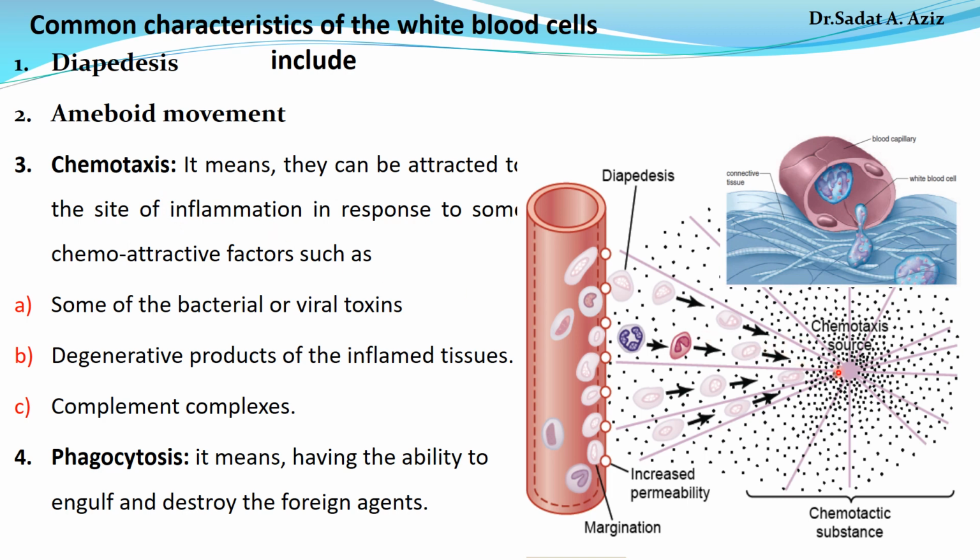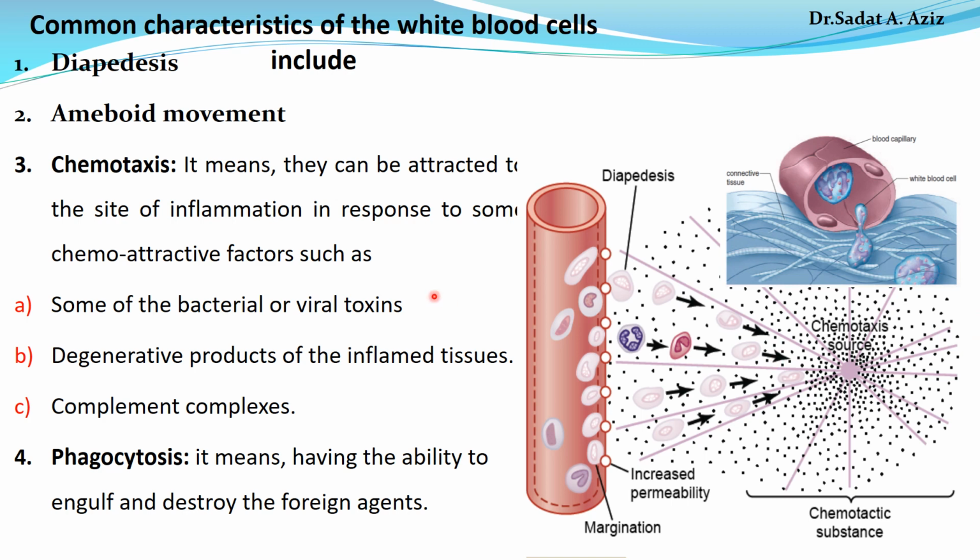Or at the site of an injury or infection, we have degenerative products of the inflamed tissues. Normally the cells are undergoing lysis, and this leads to the release of the structural contents of the cells, and these structures may act as chemoattractive factors.